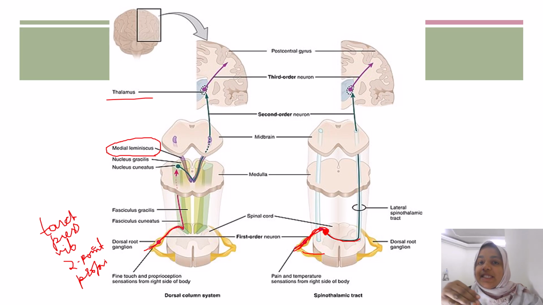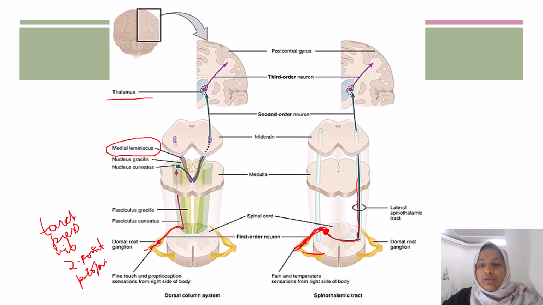So even in spinal lesions, pain and temperature will be lost on the opposite side, because contralateral pain and temperature is being carried by this side. Suppose the right half of the spinal cord is affected, then left pain and temperature will be lost because it is crossing at the spinal level itself.